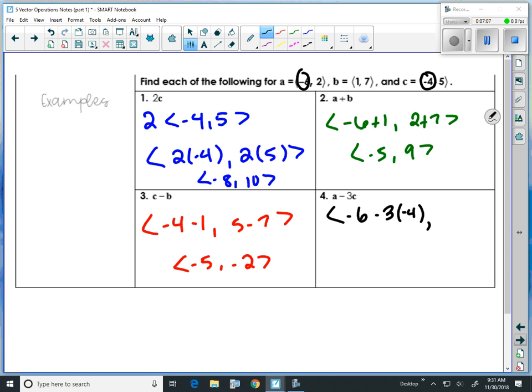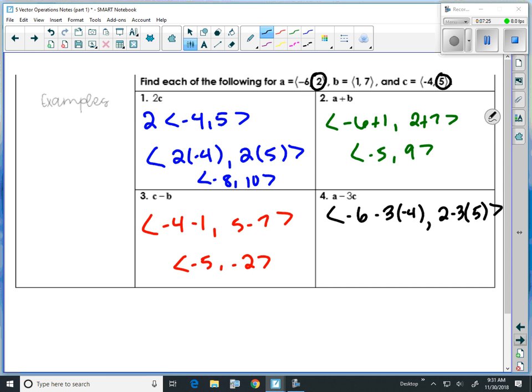Do the process again, but with the second set of numbers. So we're going to do the second number of A, which is 2, minus 3 times the second number in C.